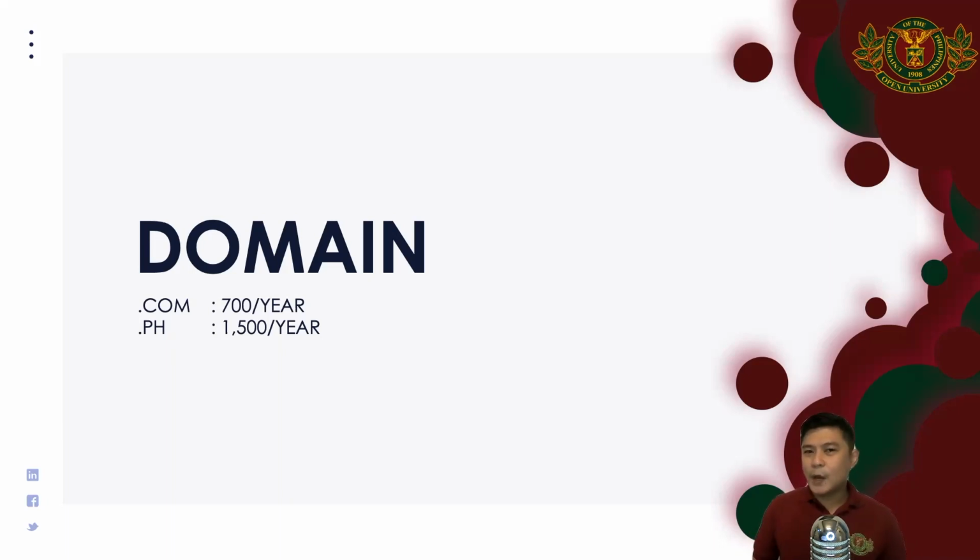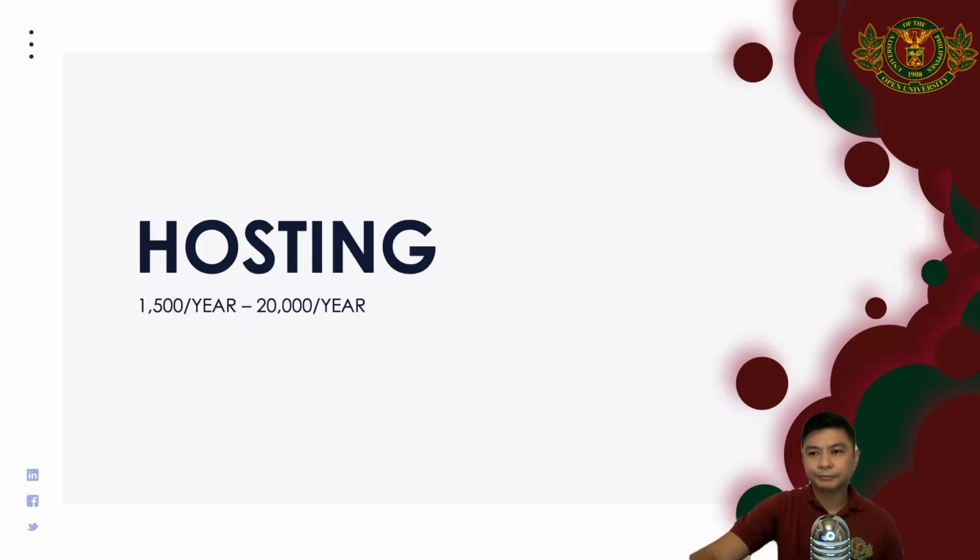Bakit mahal ang .ph? There's an organization that holds .ph domains, so maybe that's the reason. But that's the price that we have as of now. We'll dive deeper later on this. So that's the domain. So if you will start a website using WordPress, you need to buy your own domain. Okay, .ph or .com.